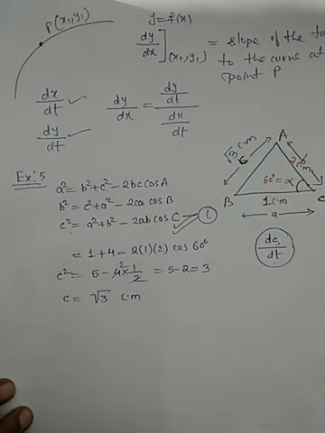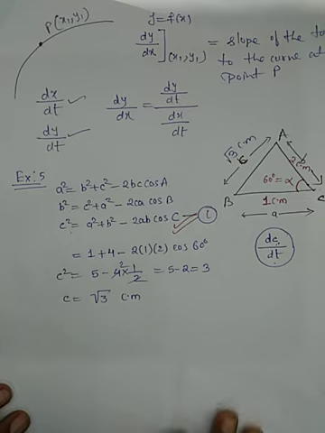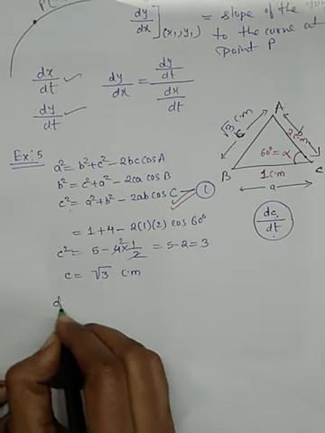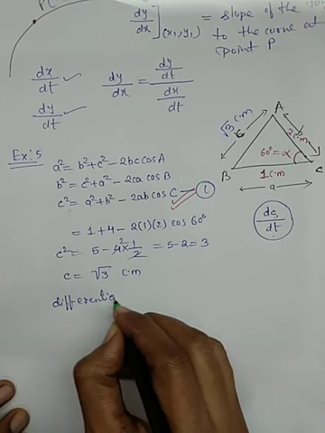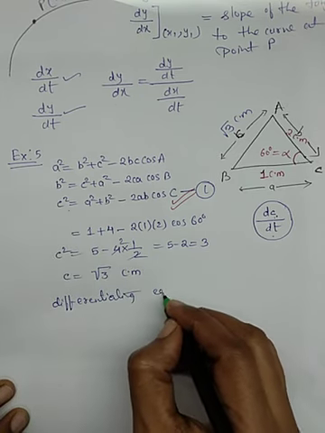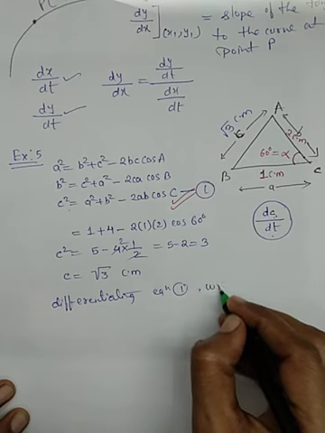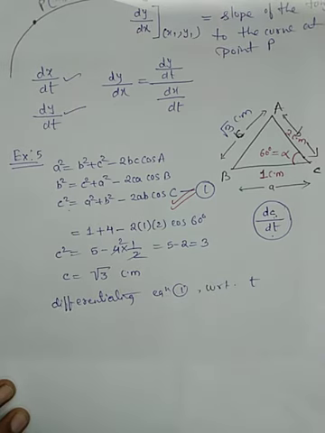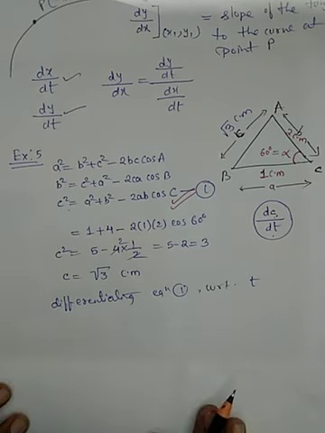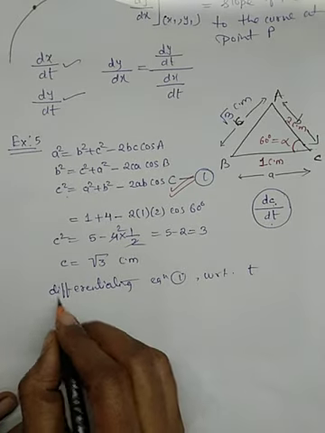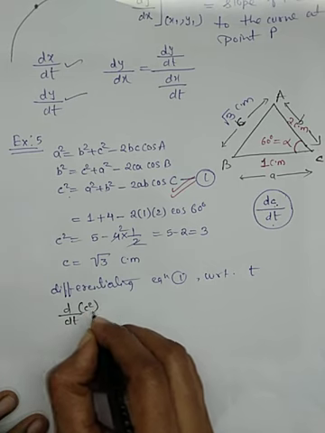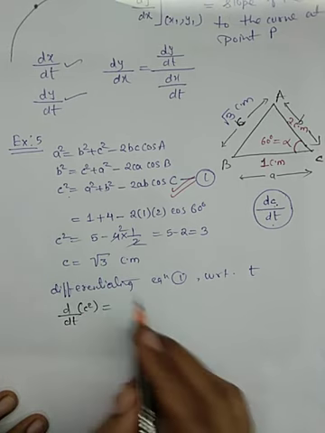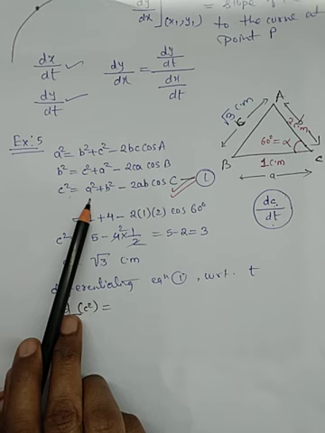Okay, let us differentiate it and find the corresponding rate of change of side C. Differentiating equation 1 with respect to t, because we want to find the rate of change. On the left hand side, the derivative of c square equals, here, the derivative of a square.